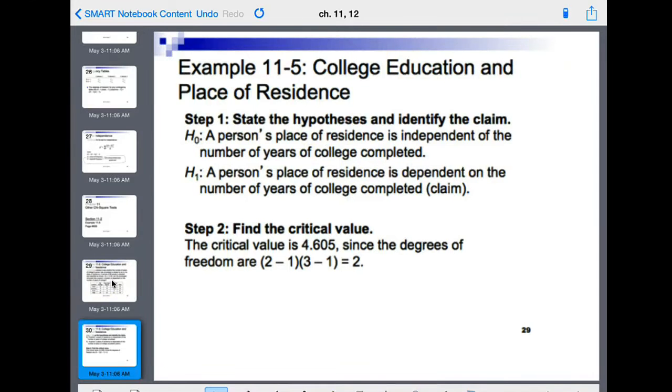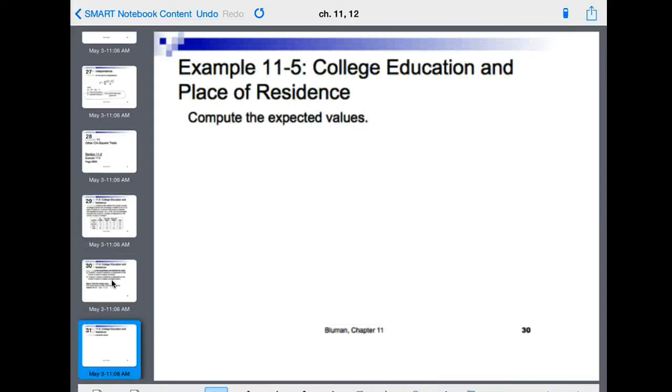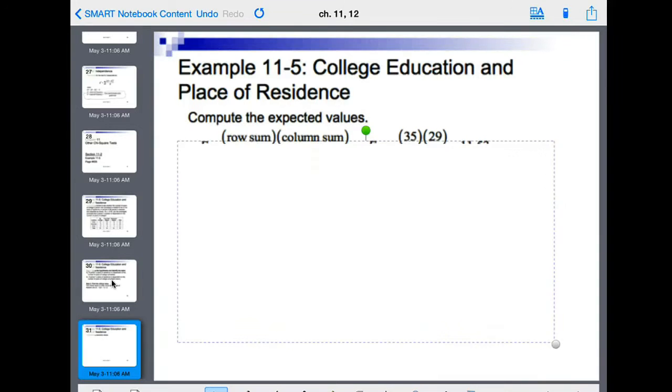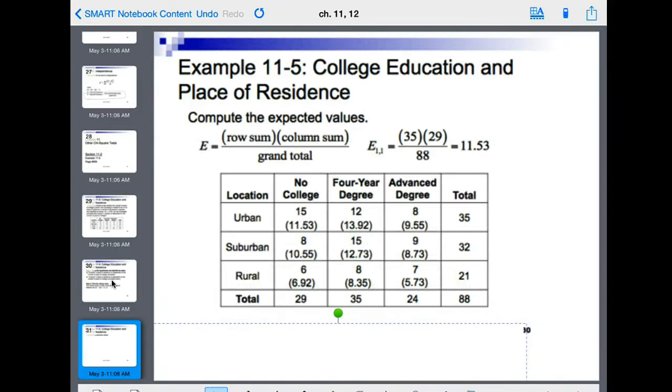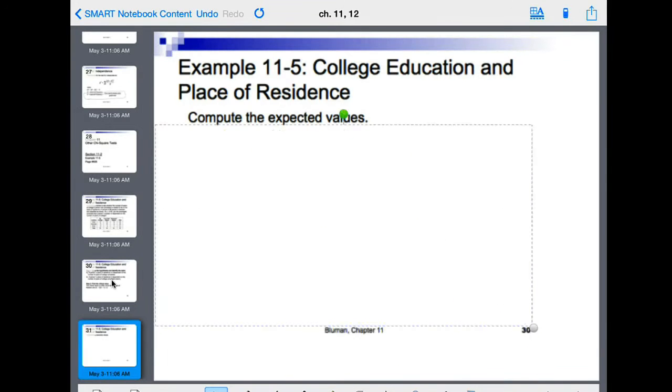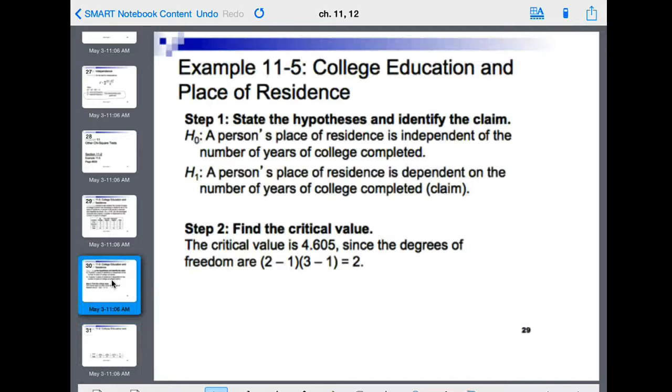We'll come back to this one for a second. We're going to compute the expected values. They're off on their rows and columns in this critical value. They say the critical value is 4.605.